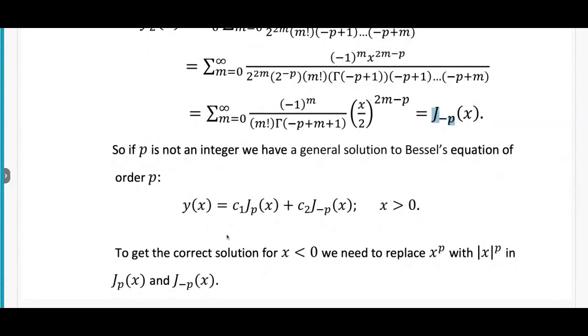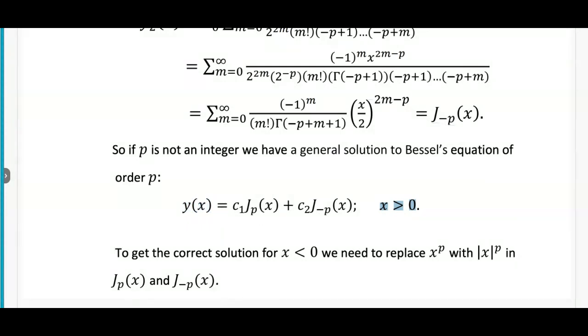So in general, we have the solution as some constant times the first kind of order p, and some constant times the first kind of order negative p. So we have this linear combination as a general solution for positive x.